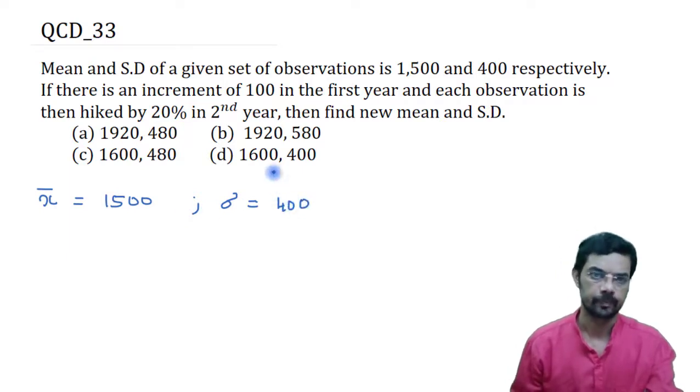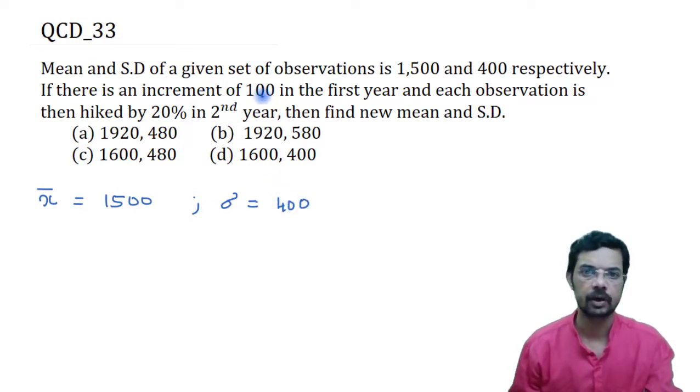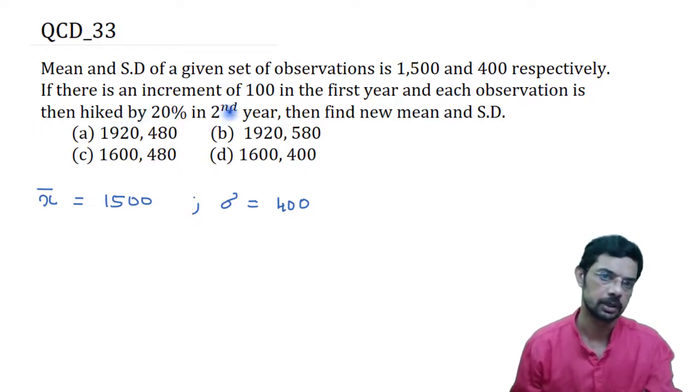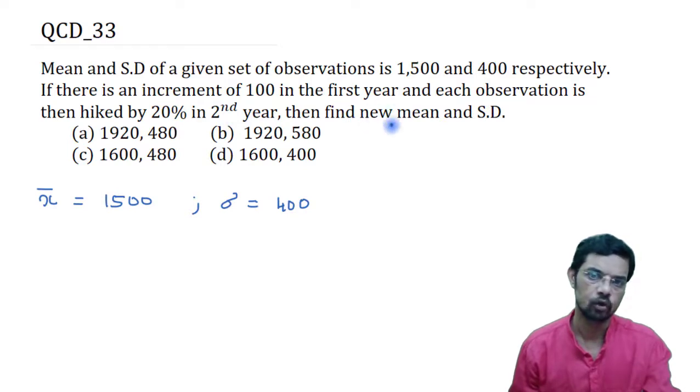Now, if there is an increment of 100 in the first year, and each observation is then hiked by 20 percent in the second year, find the new mean and the new standard deviation.